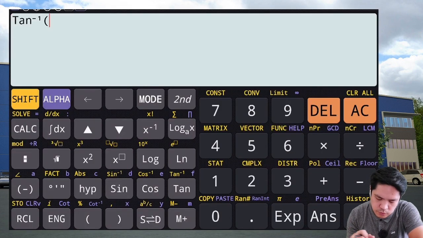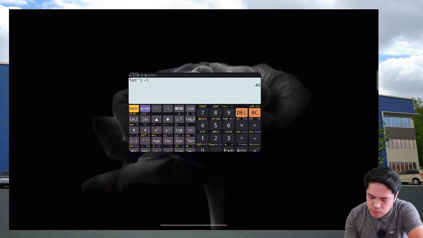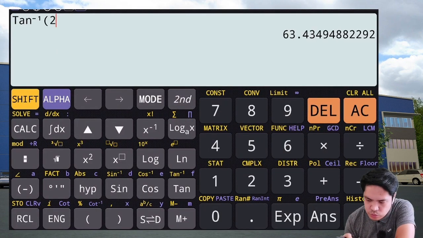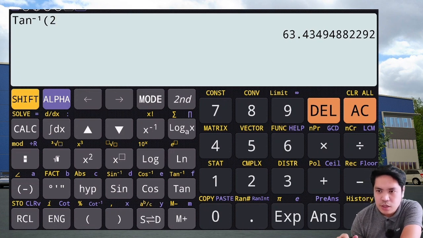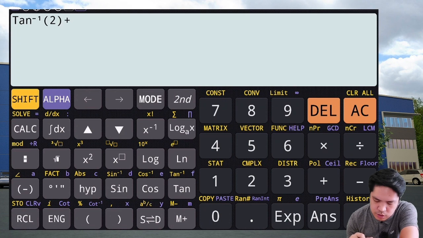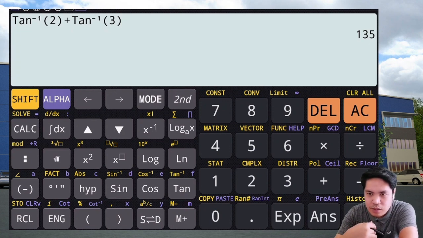But remember that we started from arc tangent 2, which is 63 degrees, in the first quadrant, and the other one is arc tangent 3. So our answer should be in the second quadrant.